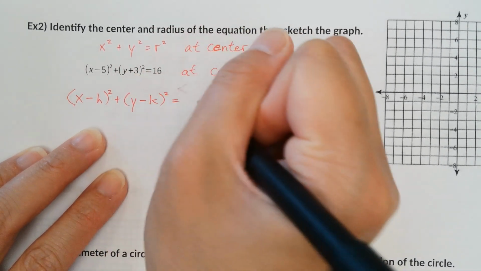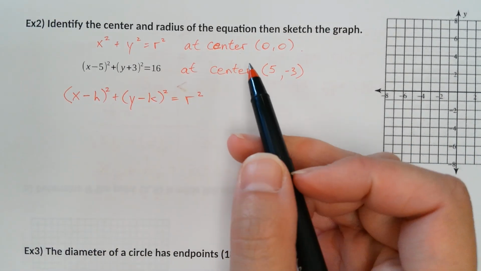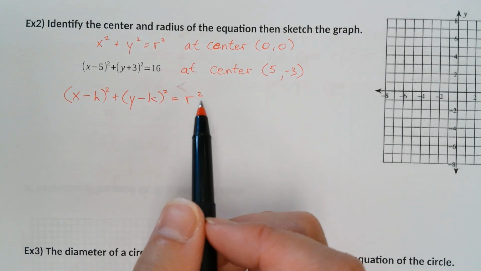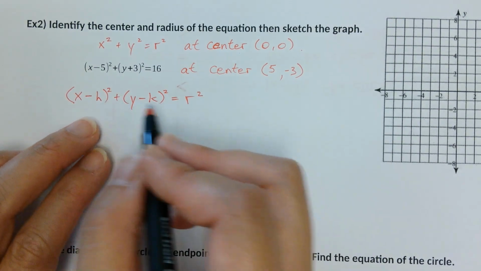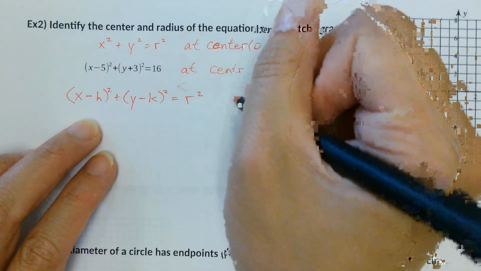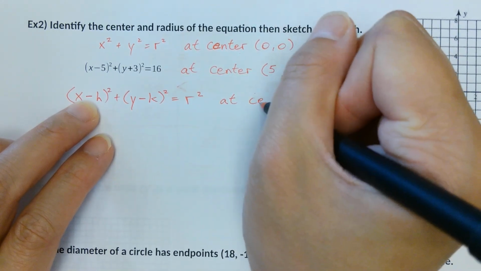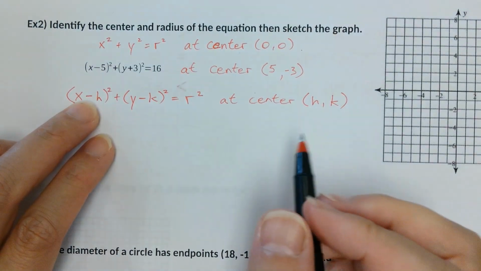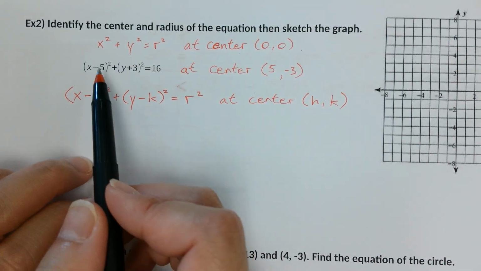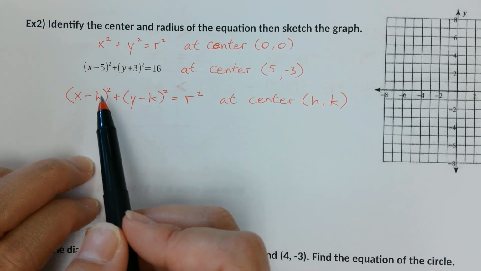Okay. So when it's not at the origin, this is the equation of a circle. And notice the standard form of this equation. They use the minus at center h, k. So in other words, because it's minus, your h, when you compare it, is positive 5.